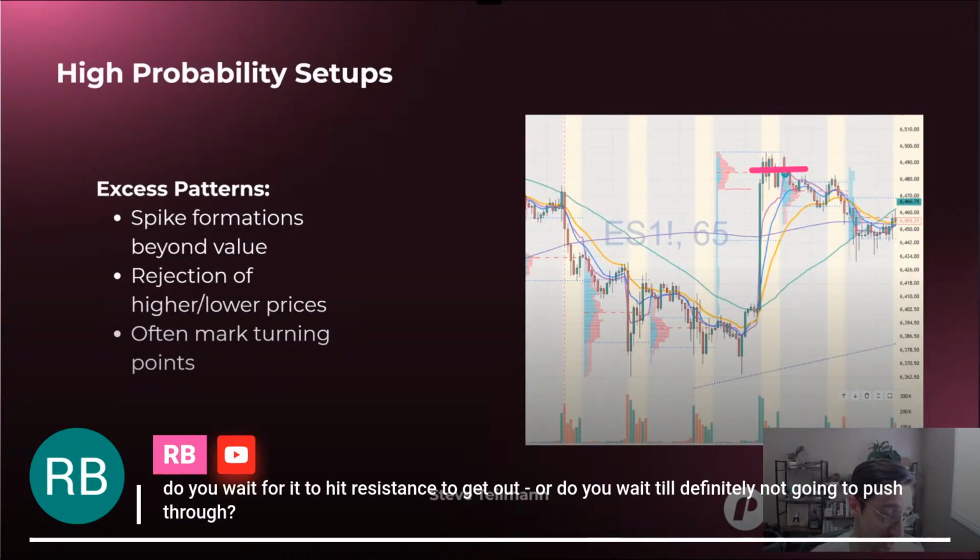And what you would do there is say, okay, now it's pushed up once, twice with a lower high. It shouldn't go up here. It has no reason to reach up here because it already tried a second time and failed to find buyers up here. So if it failed the second time, you can assume that high is going to hold. And so that is the high probability trade there. Does that make sense?